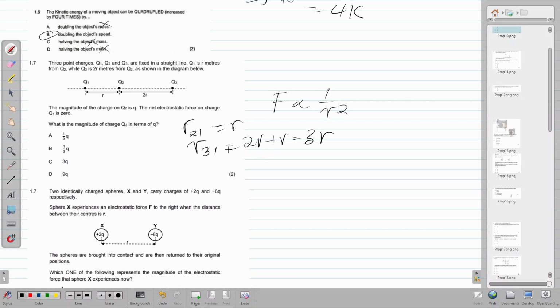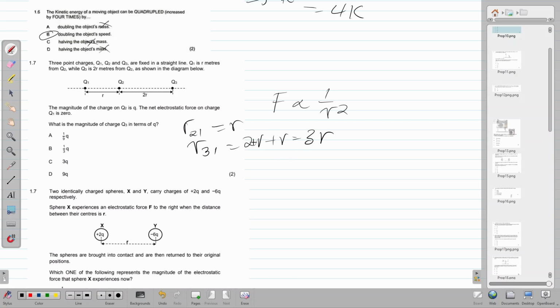Since such is not the case, we're given that the force Q3 exerts on Q1 is equal to, but in the opposite direction to, the force that Q2 exerts on Q1, so that the net force on Q1 is 0.